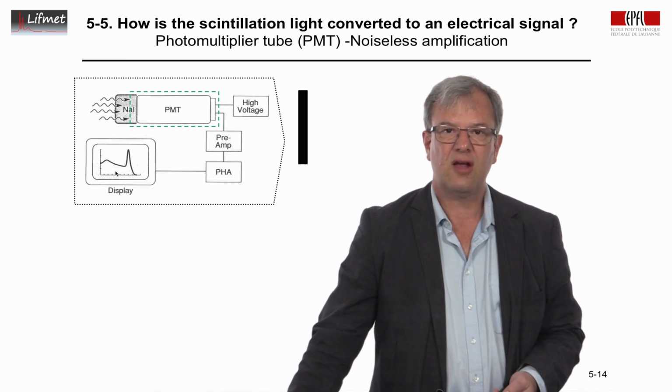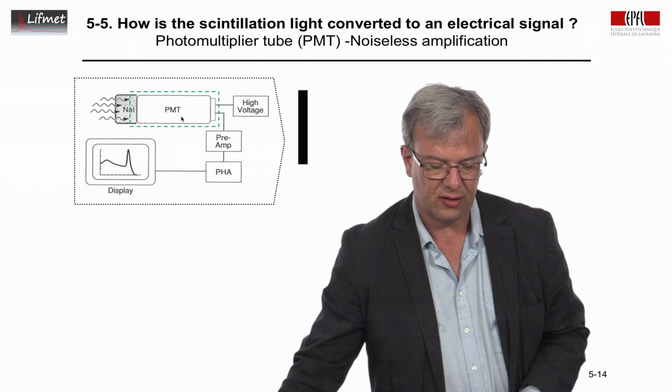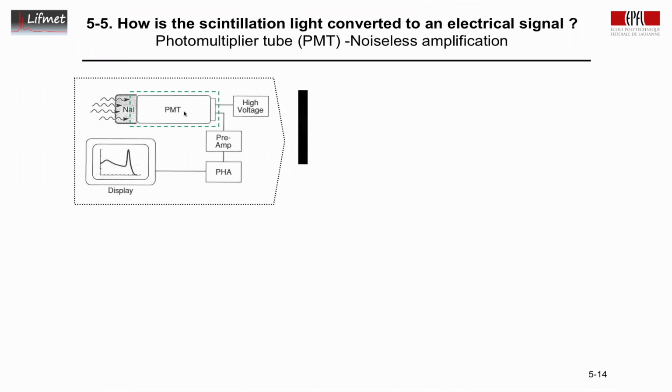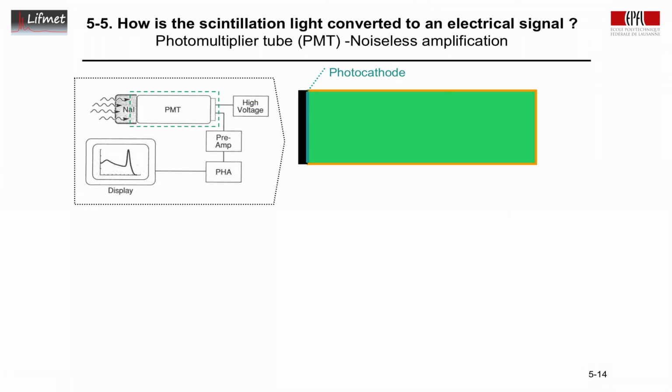Now, what I'm going to discuss now is what is inside this photomultiplier tube, what is the process that is going on. So first we have the photocathode, we have the photomultiplier tube in vacuum, and there are subsequent anodes and cathodes. These pairs of anodes and cathodes here, we call them dynodes.